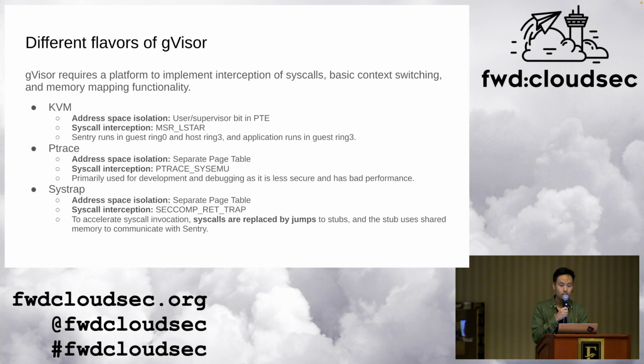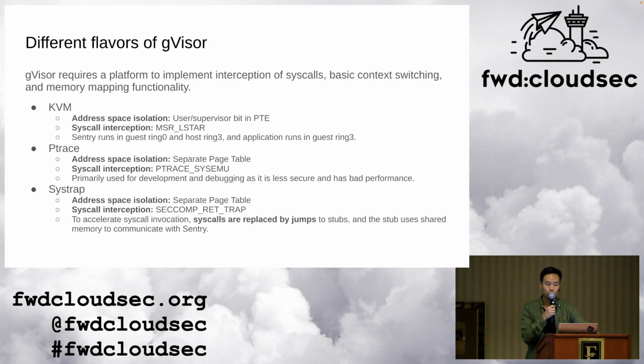So basically, instead of performing a syscall, the kernel sends a SIGSYS signal back to user space, where a stub is installed to catch the signal and to propagate the signal information to the Sentry via shared memory. The coolest thing about systrap is that it does sophisticated binary patching in order to replace syscalls by jumps.